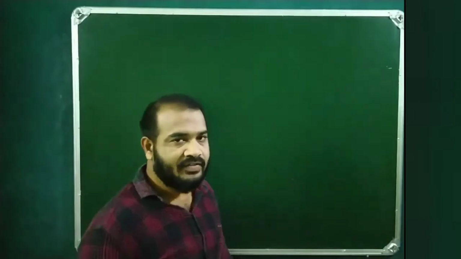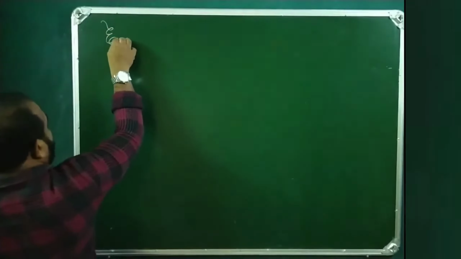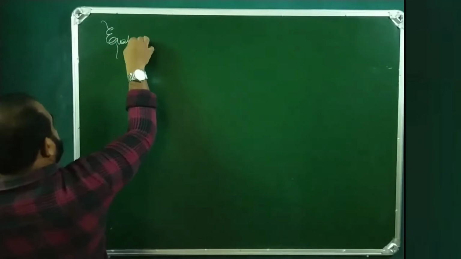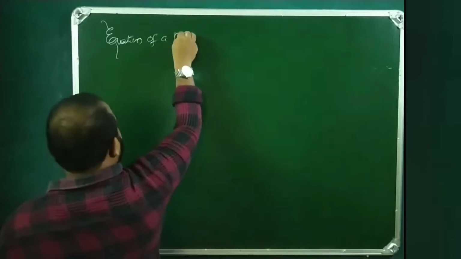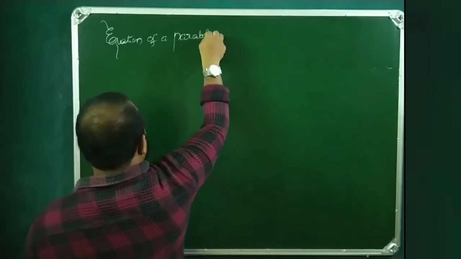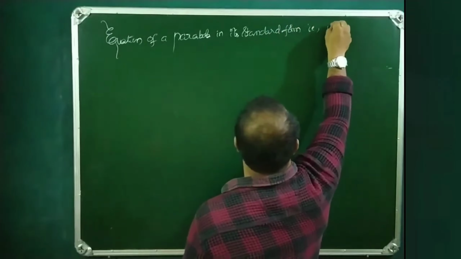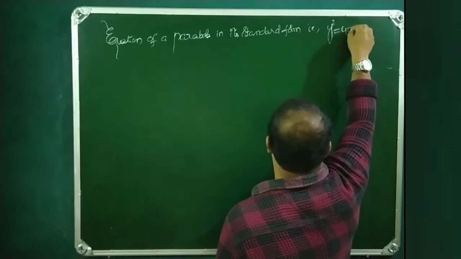Now we shall derive the equation of a parabola in its standard form, that is y squared equals 4ax.